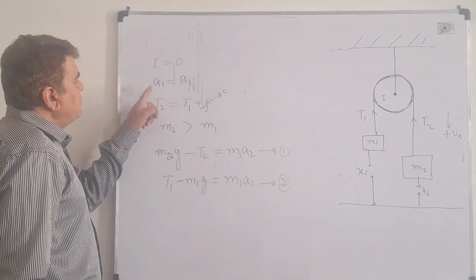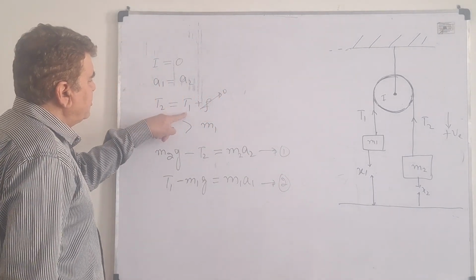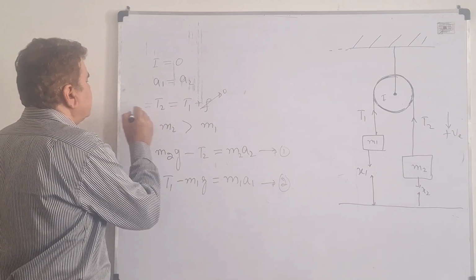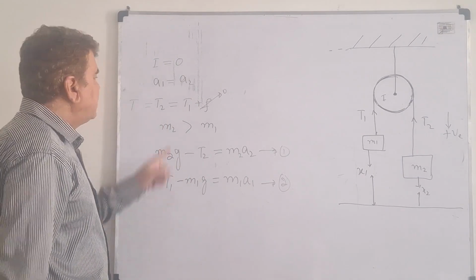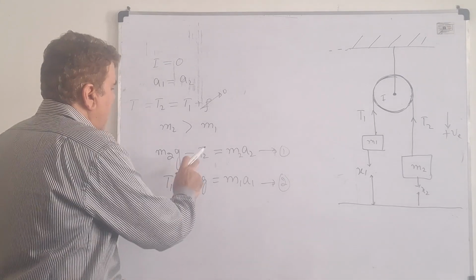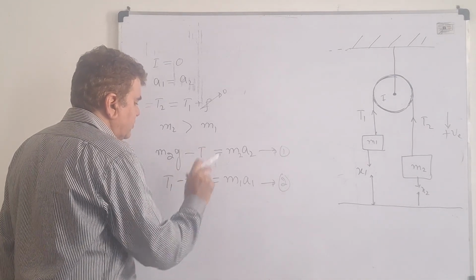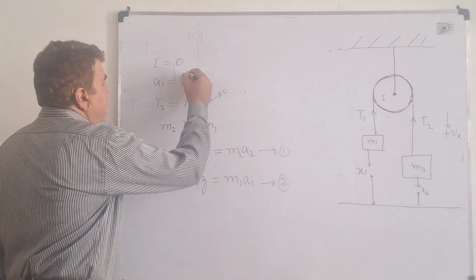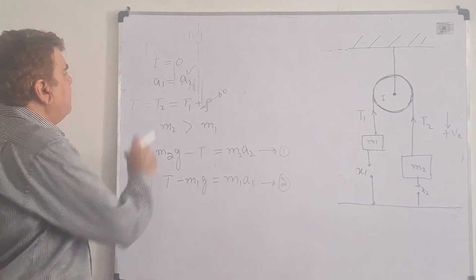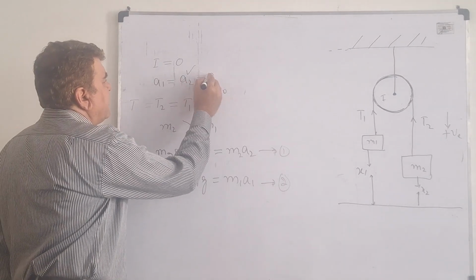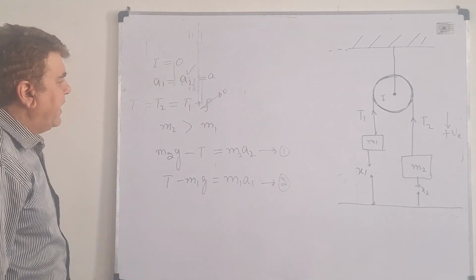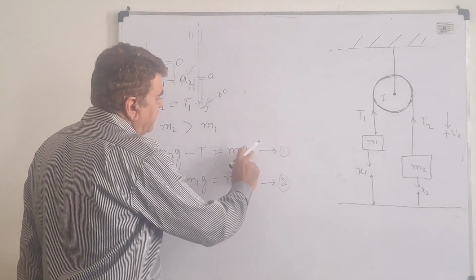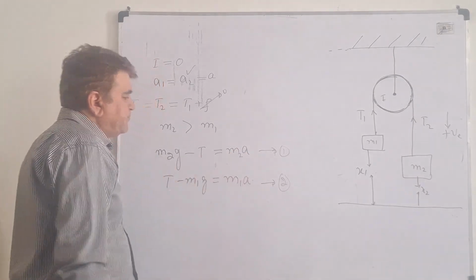Now, if I use this condition T2 equals T1, then that means I can set each of T1 and T2 equal to T, and then this equation reduces to this. And if I employ this condition, that means the accelerations are the same and I replace A1 and A2 with A, so I will drop this subscript and this subscript.